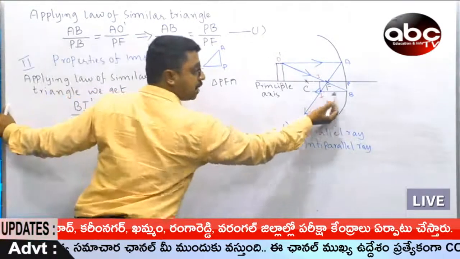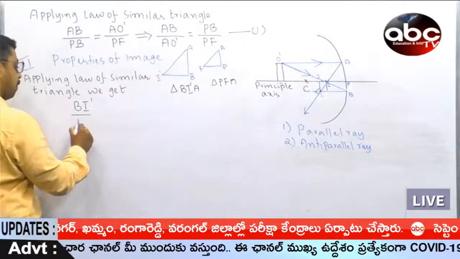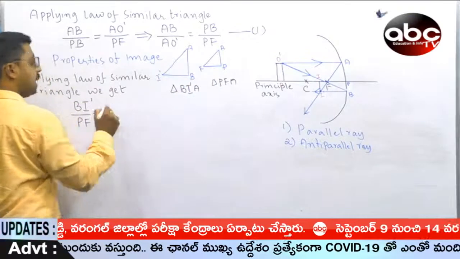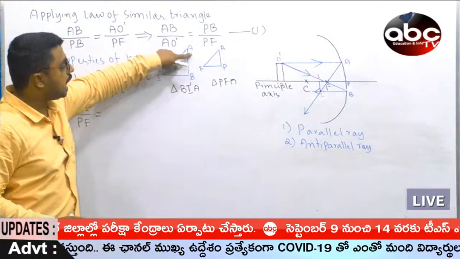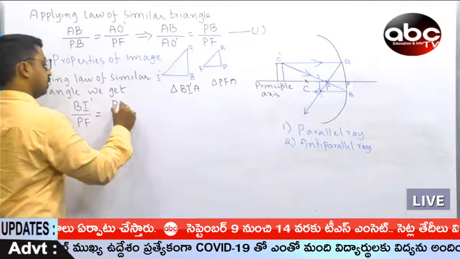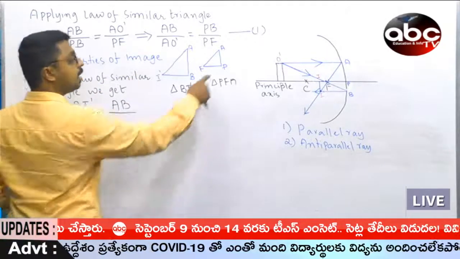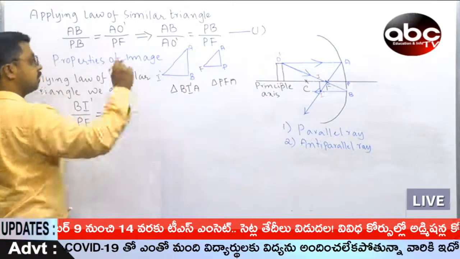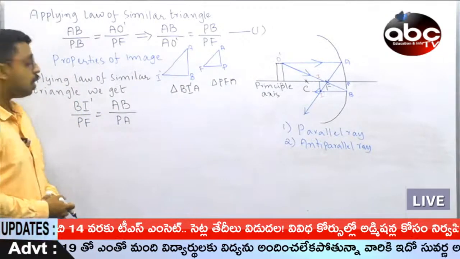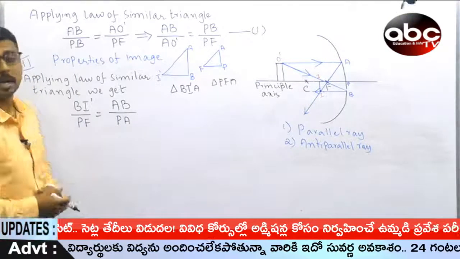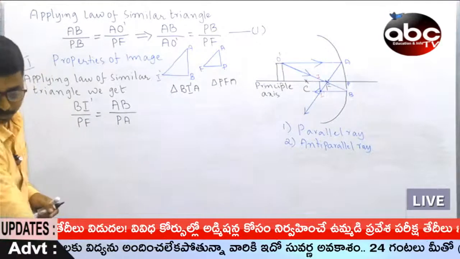BI dash compared to PF, the smaller triangle base, will be equal to the side AB by the side PA. A small concept we apply here.